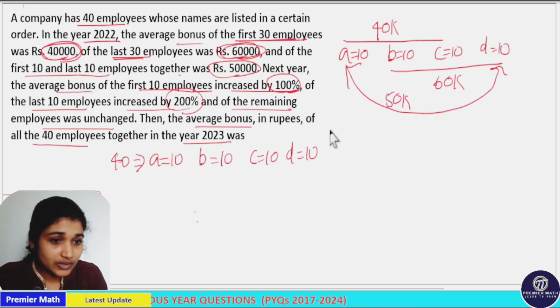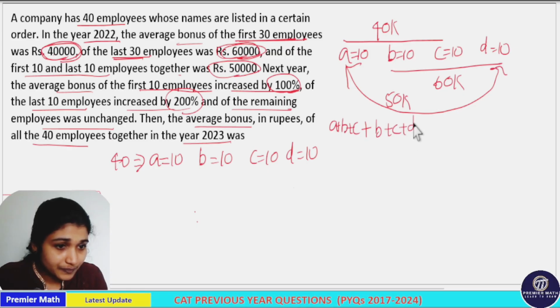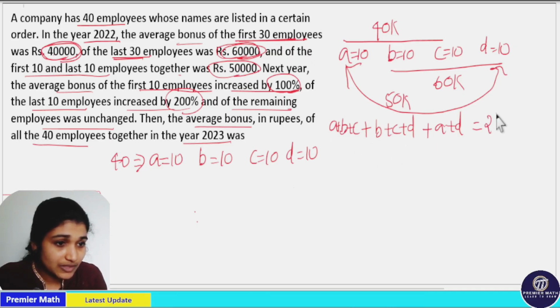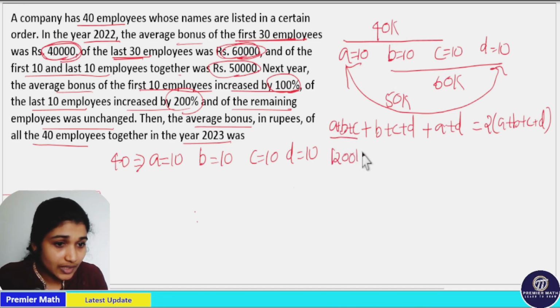Now here if you look at this, we have A plus B plus C, and here we have B plus C plus D, and here we have A plus D. Now here BC is repeated 2 times and AD is repeated 2 times, which means this is 2 times A plus B plus C plus D. Now the average of ABC is 40,000, which means the average of these 30 people is 40,000. So the sum of these 30 people is 40 into 30, 1200K.